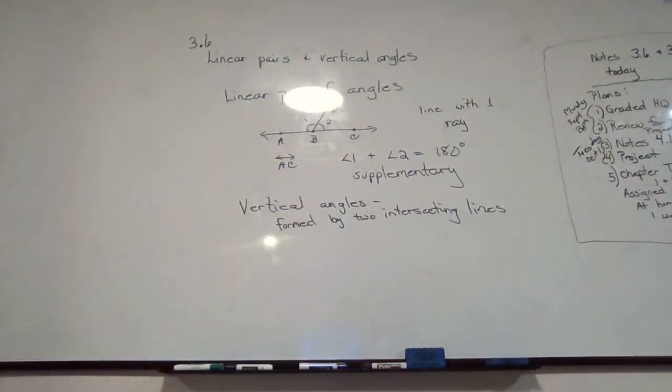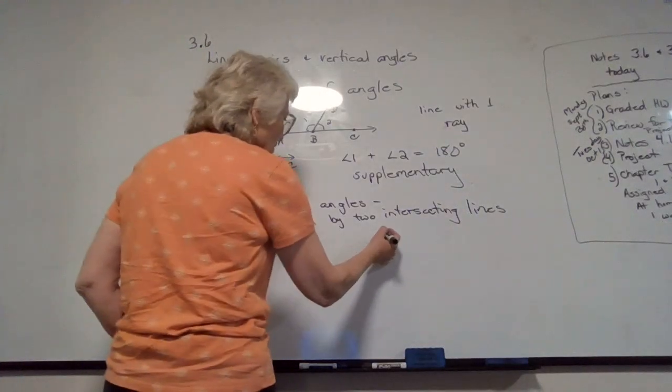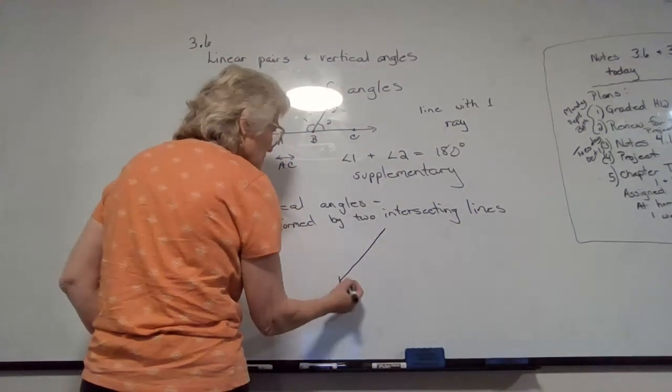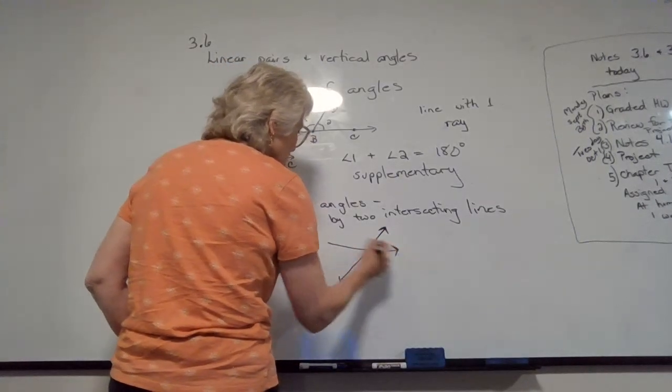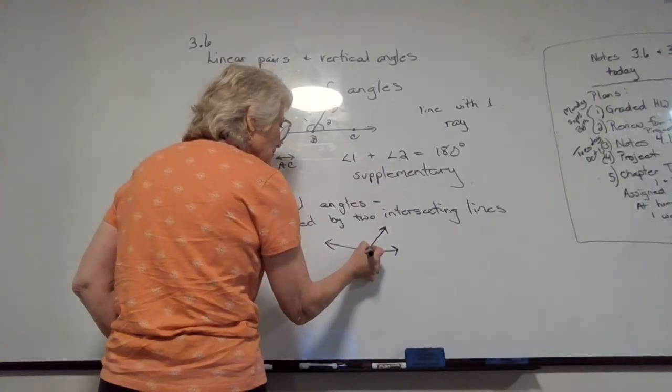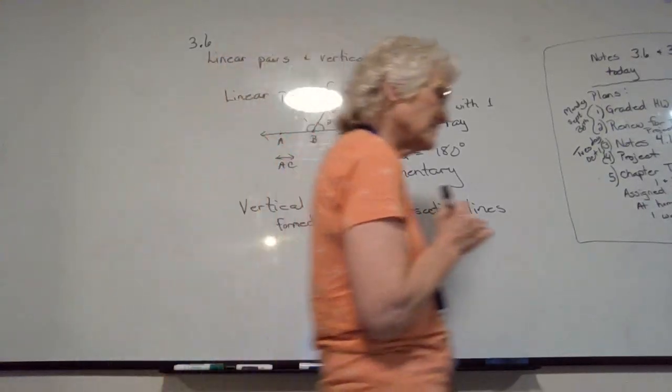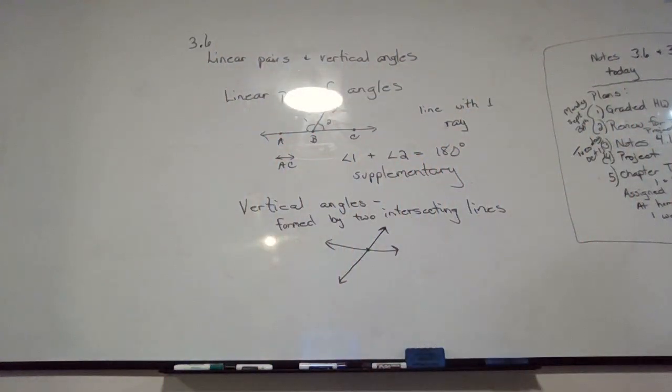Remember that big word concurrent? The lines, if they go through the point, they are concurrent. So vertical angles are like this. I have one line here and another line here, okay? They intersect. Okay, you see where they intersect?